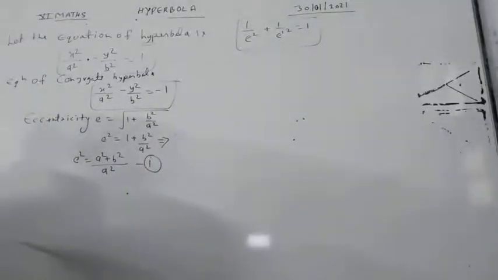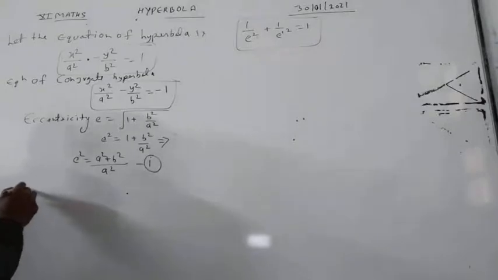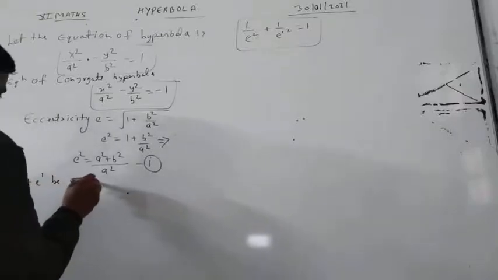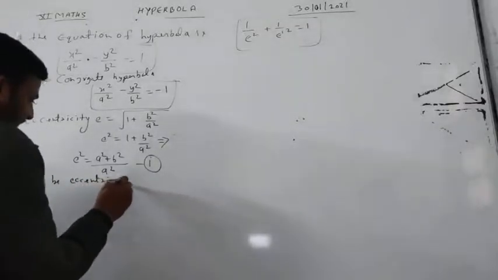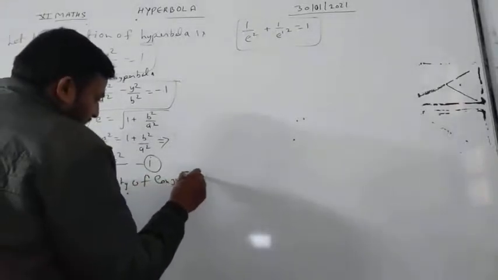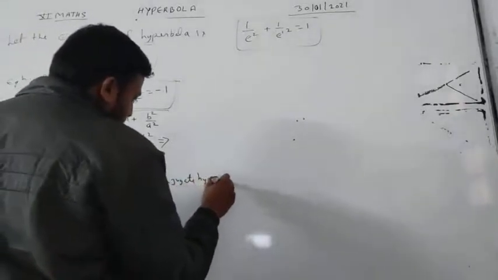Now student, let E dash be the eccentricity of the conjugate hyperbola.